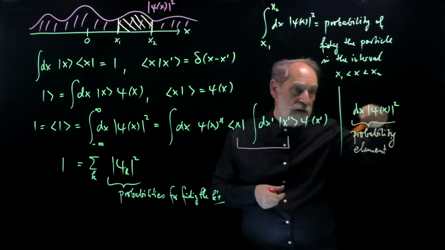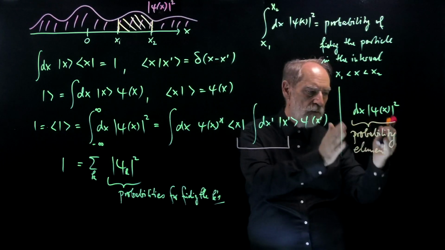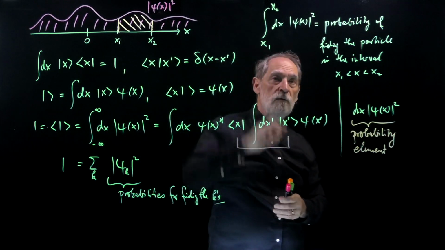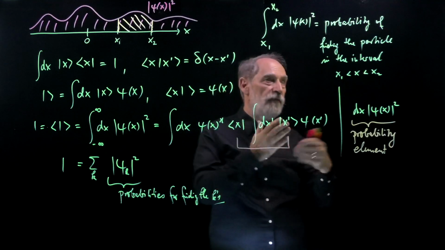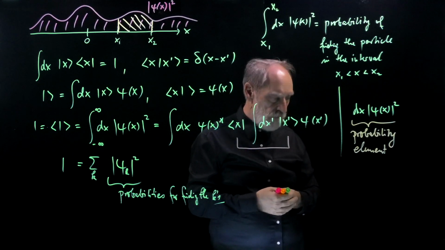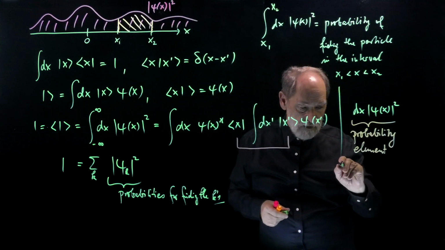We add up all these probability elements, we get the total probability of 1. We add up all the probability elements that refer to the range between x1 and x2, we get the probability of finding the particle in this interval. And so the psi of x squared itself is not a probability, but a probability density.